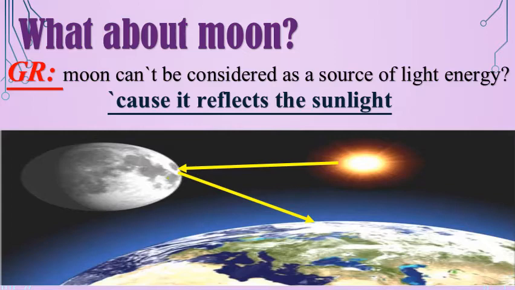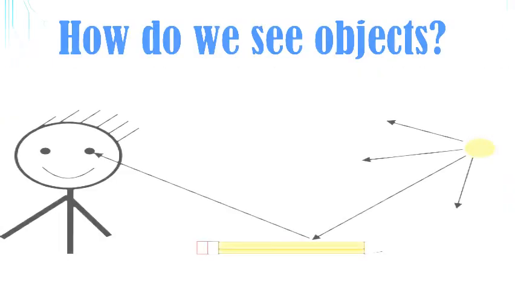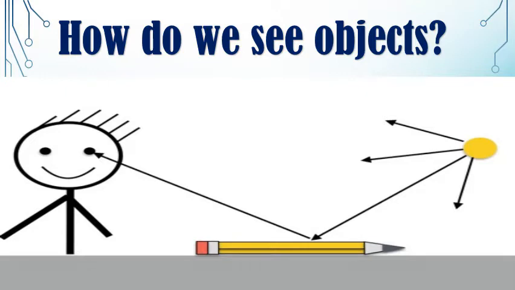And you know, guys, what is the meaning of reflects? Reflect means bouncing back or returning back. So when light falls on something, it reflects, or returns back, or bounces back. From here, do you know how we see objects?